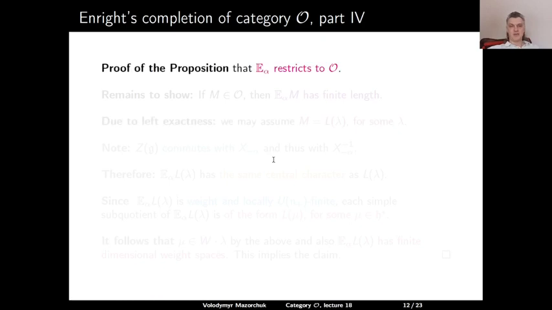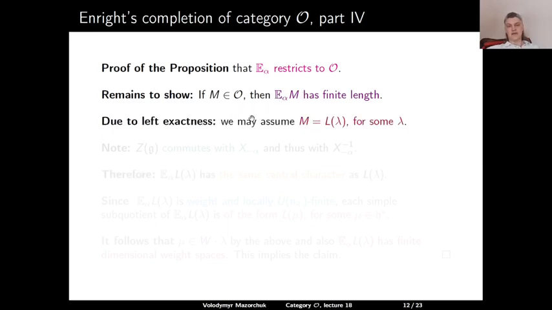Finally, let us prove that Enright's completion restricts to category O. It remains to show that for any module M in O, its Enright completion has finite length. So due to left exactness, we can of course assume that M is a simple module, so it's of the form L lambda for some lambda.